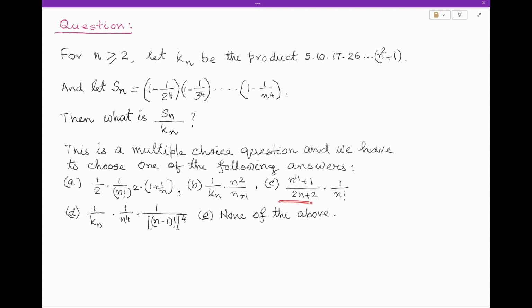Choice C is n to the power of 4 plus 1 divided by 2n plus 2 whole multiplied by 1 divided by factorial n. The fourth choice is 1 divided by Kn multiplied by 1 divided by n by 4 multiplied by 1 divided by n minus 1 factorial to the power 4. And the last choice is E, which is none of the above.